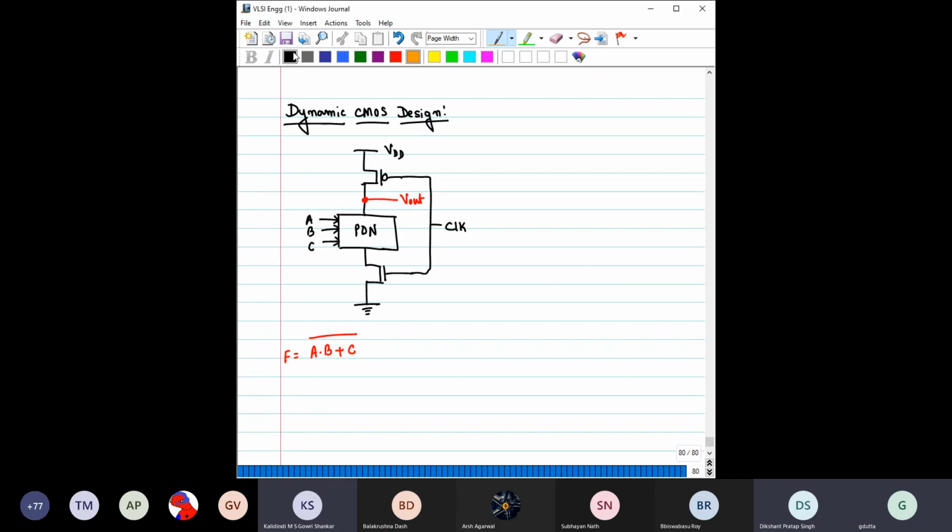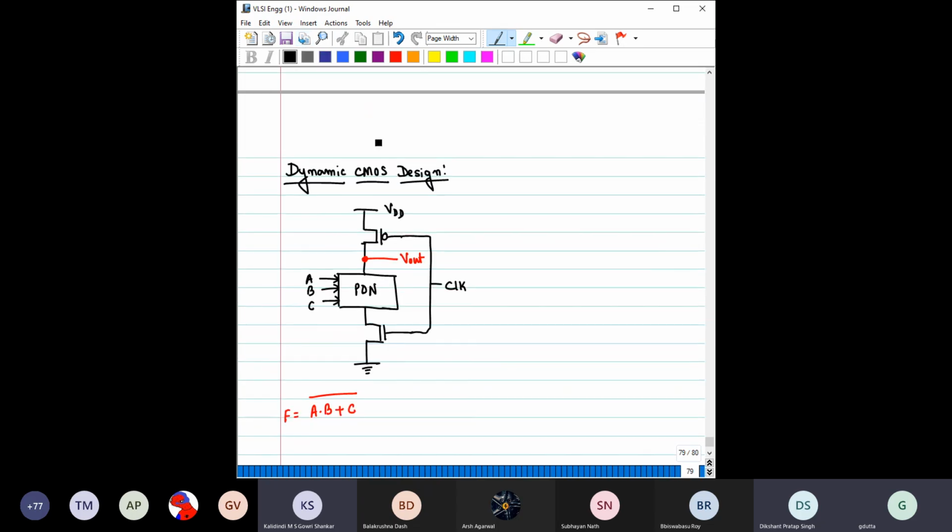So this is a new topic, quite interesting and a bit different in flavor compared to whatever we have discussed so far. So far we have been discussing static CMOS design. Remember that. So here one inverter looks something like this: one PMOS, one NMOS, input, VDD, ground, output.